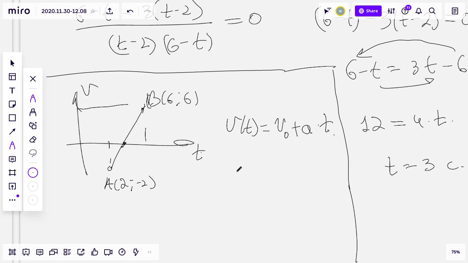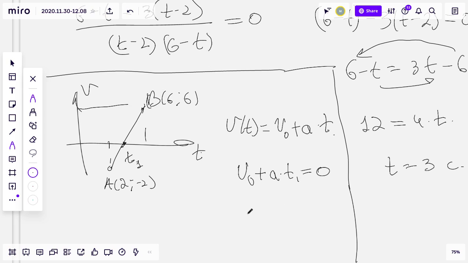Okay, now we must solve this kind of equation. We must find t1, where v0 plus acceleration multiplied by t1 equals 0.